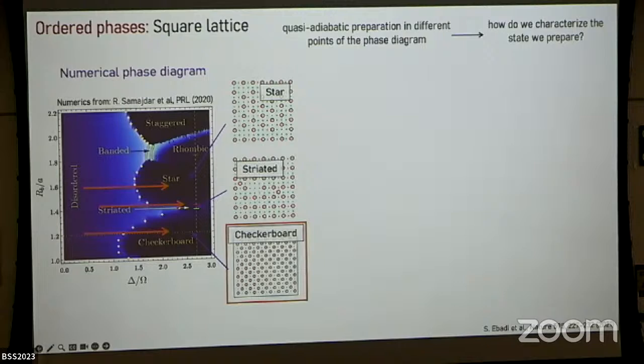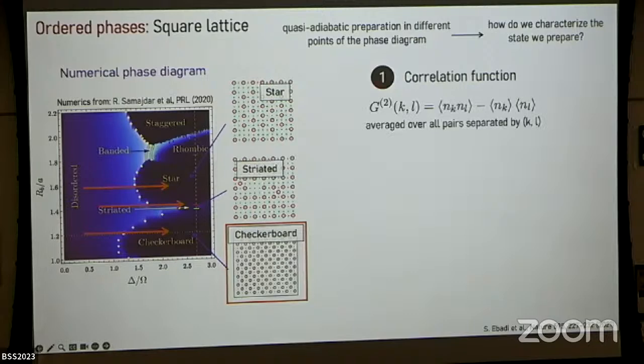Let's take the checkerboard phase as a first example. The first thing that we can do is to measure its correlation function. This is the correlation function that we're measuring: you measure the product of the density at two positions minus the average of the densities.